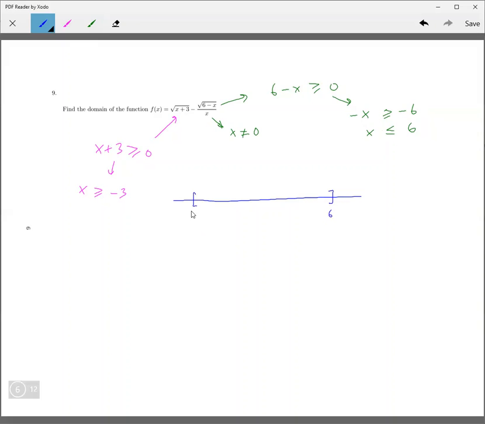Greater than or equal to -3, that would be right there. So everything this way and that way. And then 0 is excluded, okay? So the answer is going to be from -3 to 0, I'm going to exclude that with open parentheses, union 0 to 6.